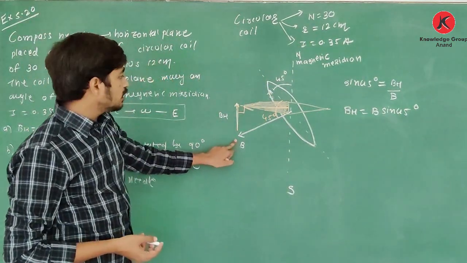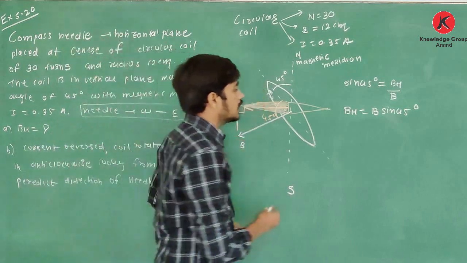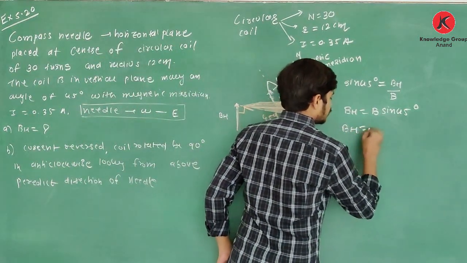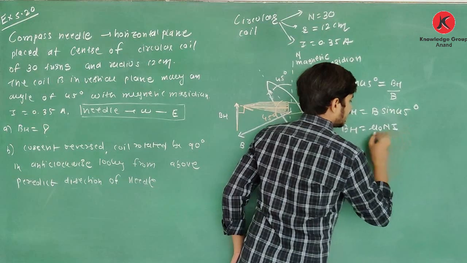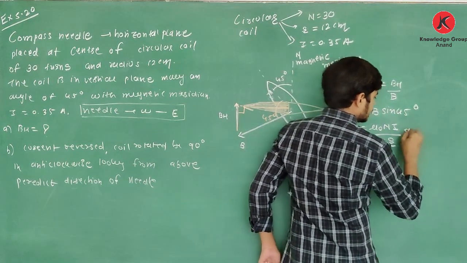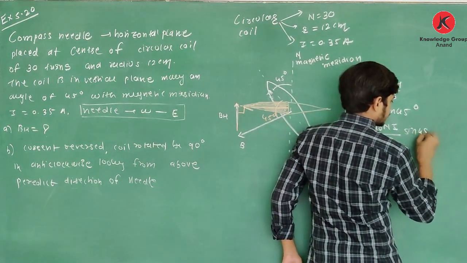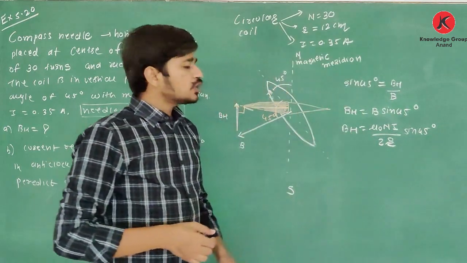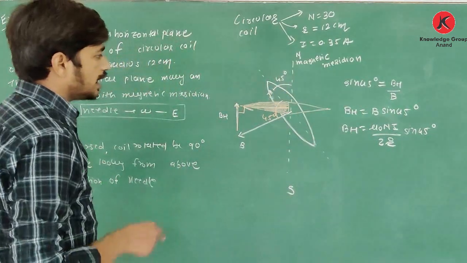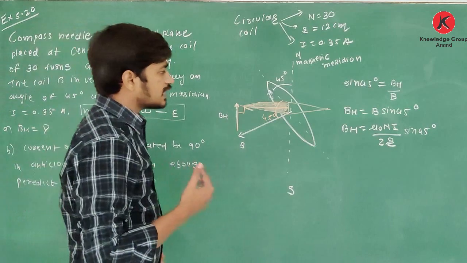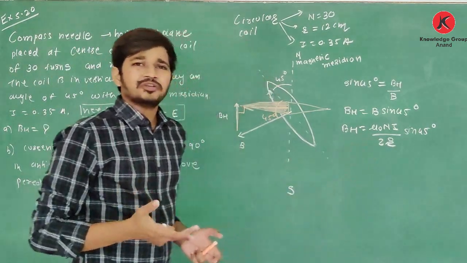B is the magnetic field produced due to this circular coil. So BH is equal to mu 0 Ni upon 2r, sine 45. You know the value of mu 0, n, I, r, and sine 45. You put the values and calculate your answer.